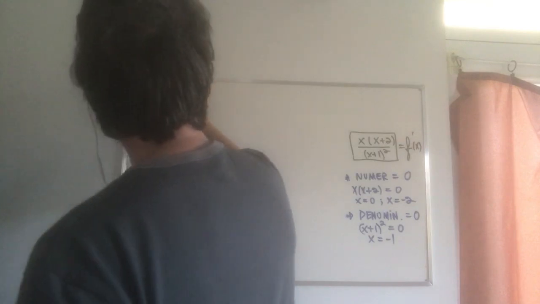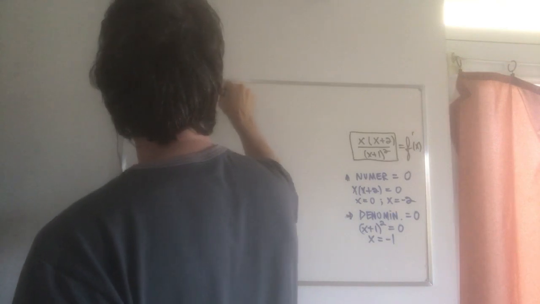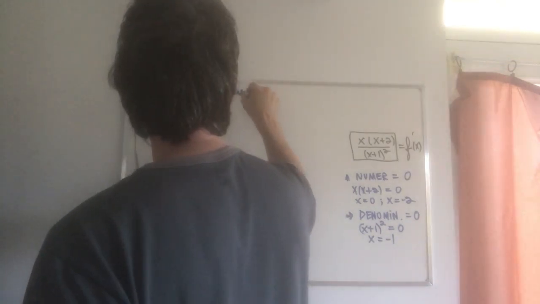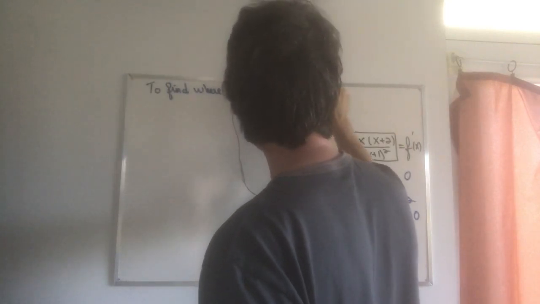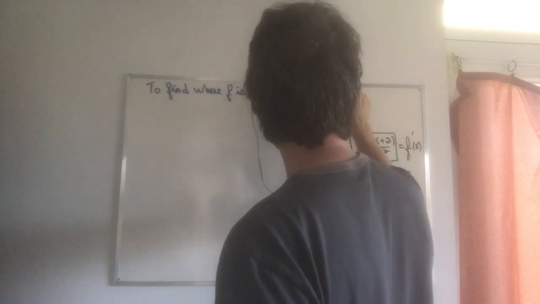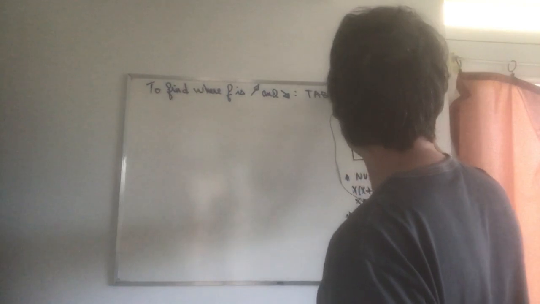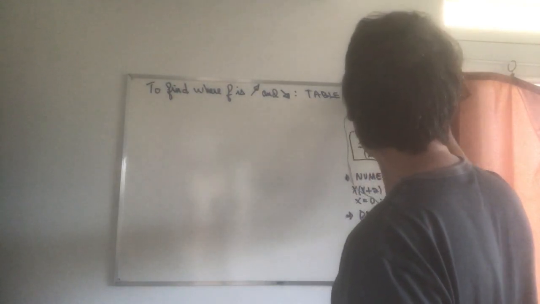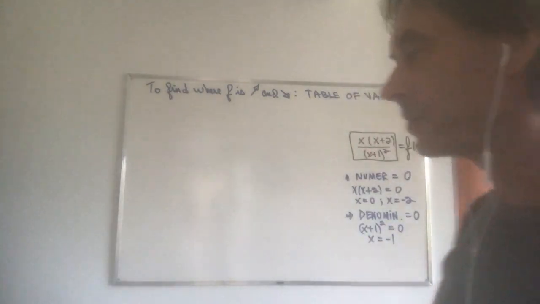So now, to find where f is increasing and decreasing, we're going to do what we did the other day, which we are going to refer to as a table of variation.